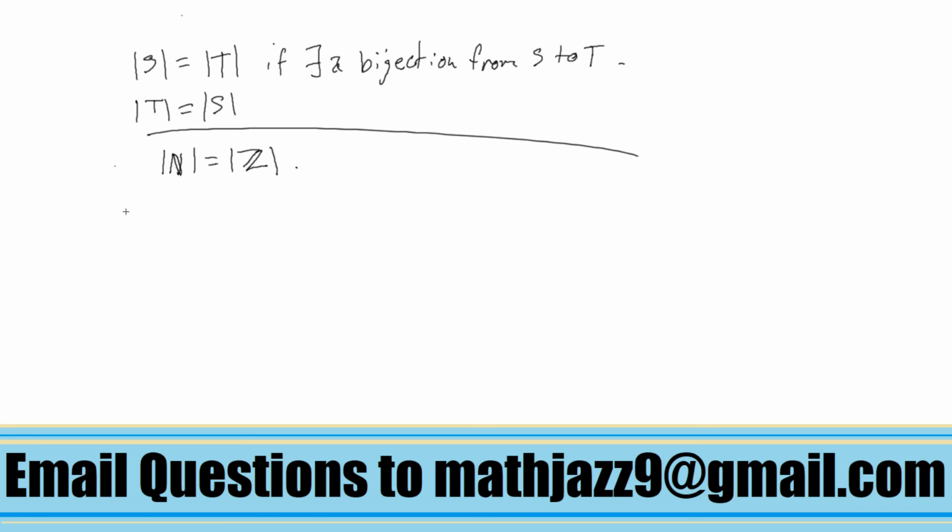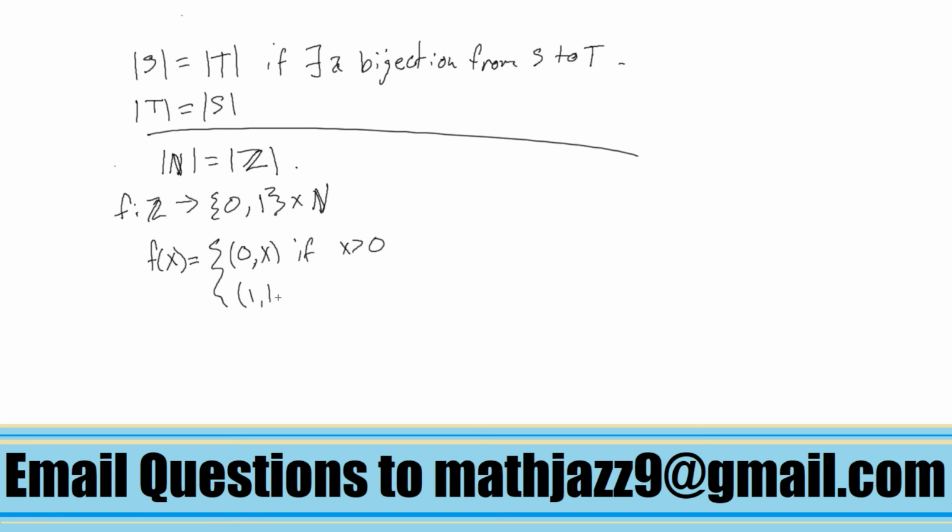There was a function that we defined, f, that went from Z to the Cartesian product of {0, 1} and N. It went like this: f of x goes to (0, x) if x is greater than 0, and goes to (1, 1 minus x) if x is less than or equal to 0, or something like that.